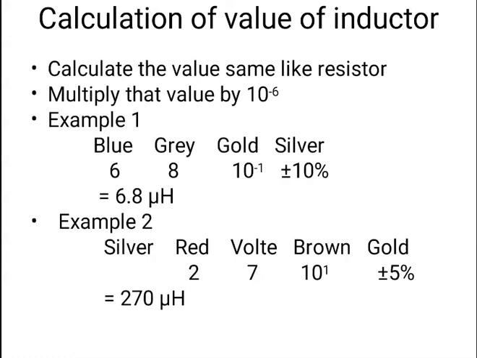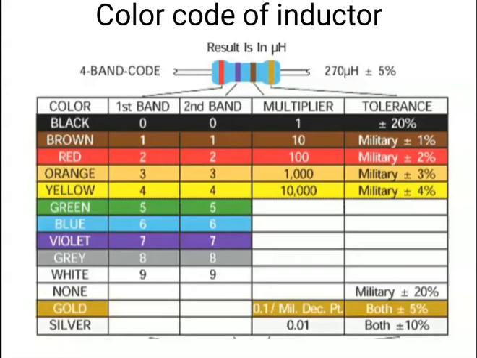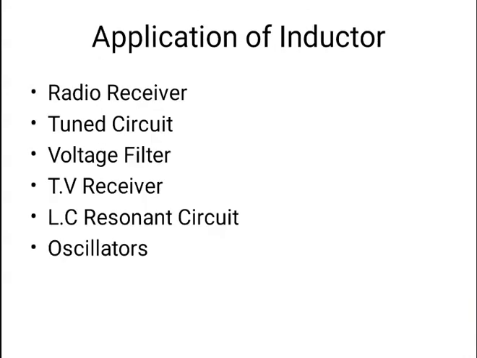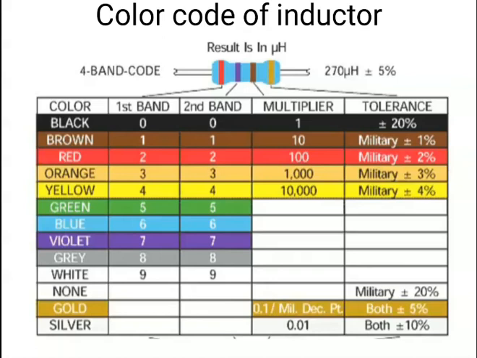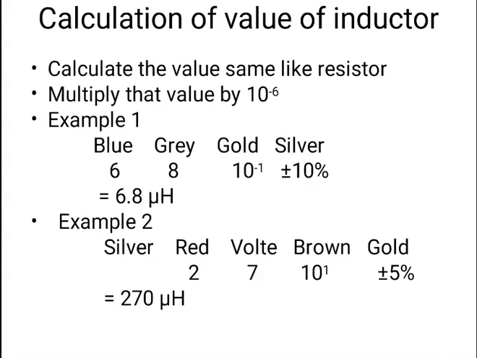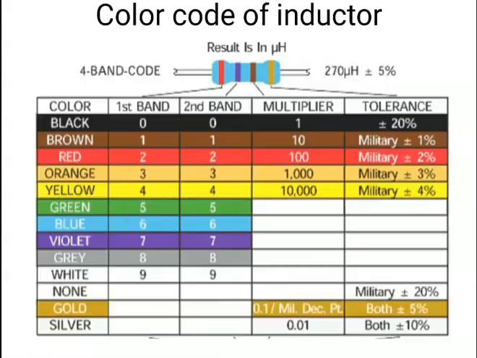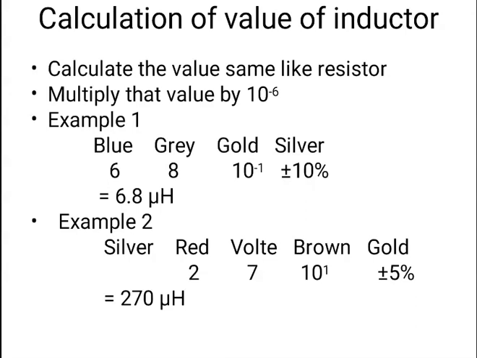Red has the number 2, violet has the number 7, so that's 27. The third one is the multiplier. Brown is 10 raised to 1, that is 10. So 27 into 10 is 270.